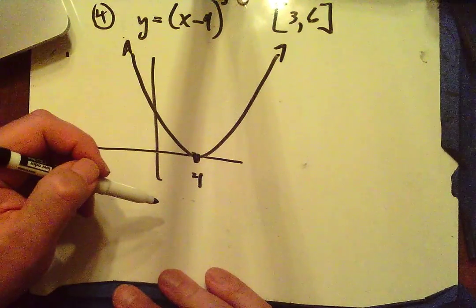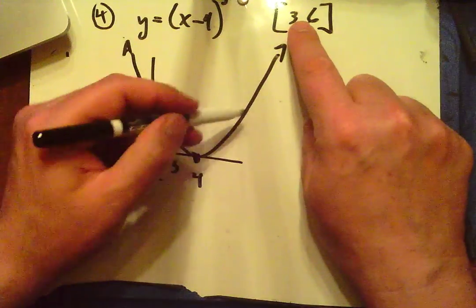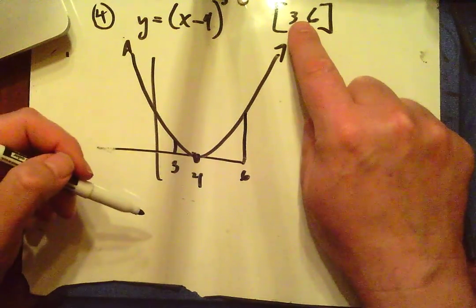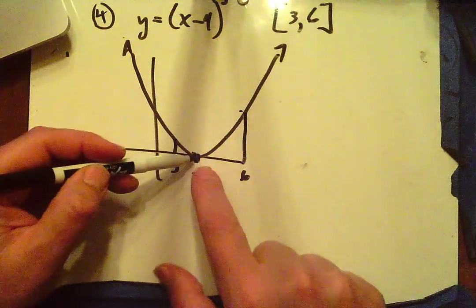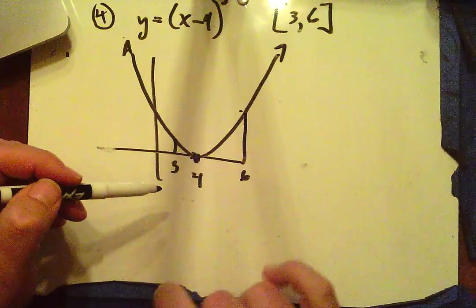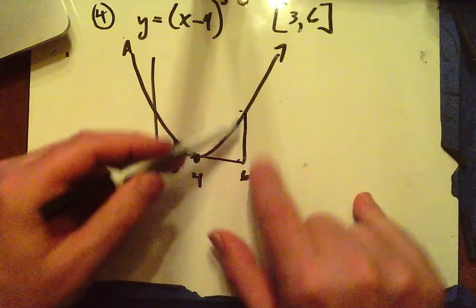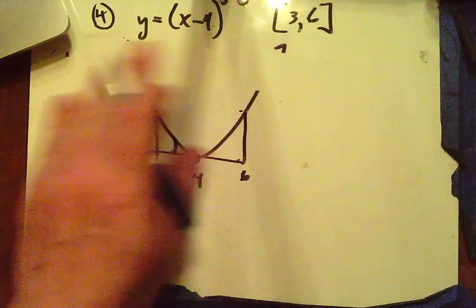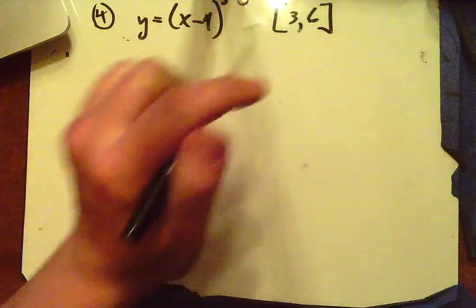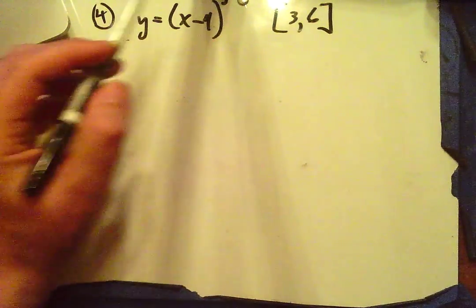That looks a lot like a min to me, but we're going from 3 to 6. Well, that's a max. That's my only min. And I can see here at 6, I'm higher up than I am here at 3. So I have an expectation that the absolute max will be at 6 and the absolute min will be at 4.